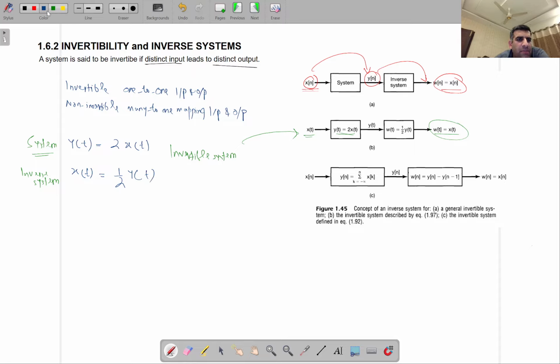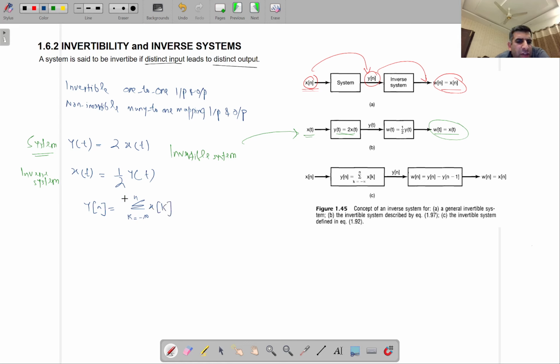Okay, let's take another example of an invertible system. Previously, we looked at the expression of an accumulator system, and the expression was the sum over k from minus infinity to n of x of k.